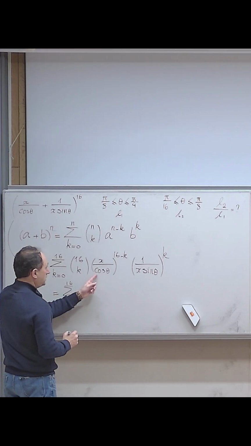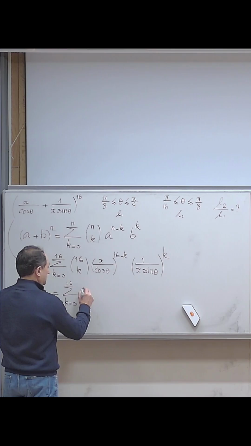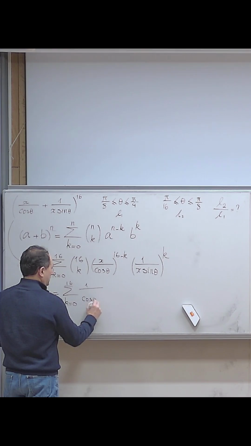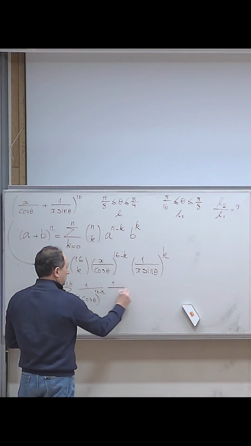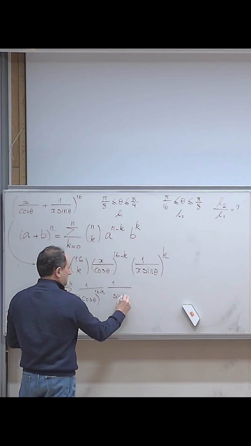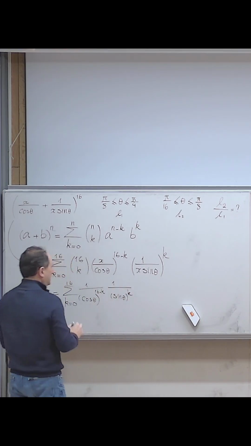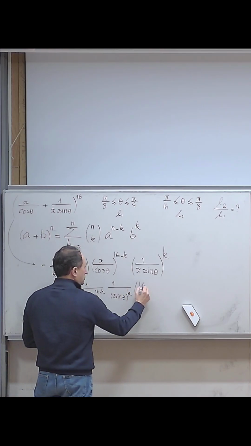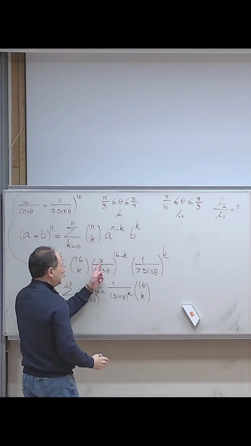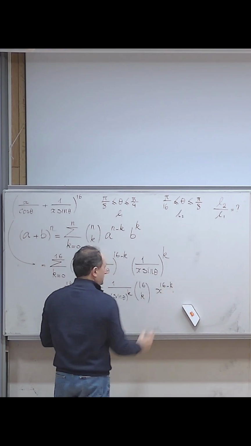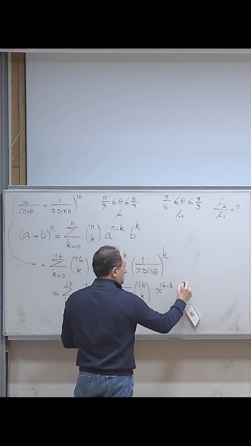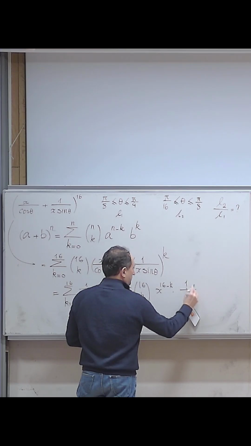This is 1 over cosine theta to the power of 16 minus k, and this one will be 1 over sine theta to power k. And then I have 16 choose k. And here x to this power is left, multiplied by 1 over x to power k. Okay?